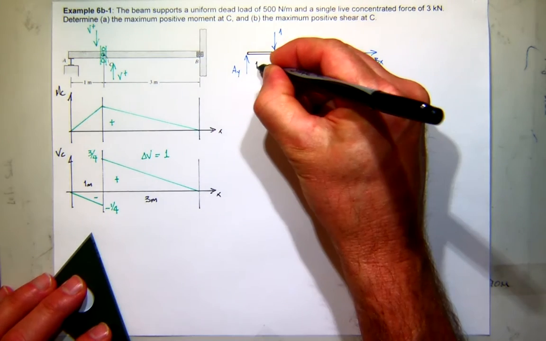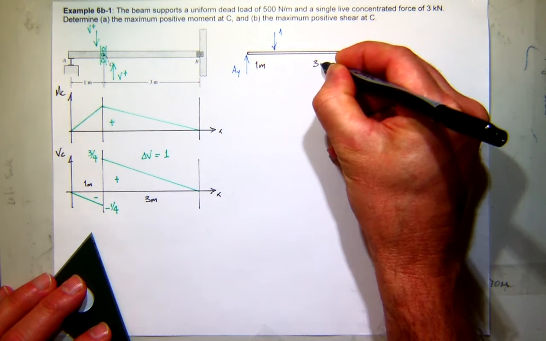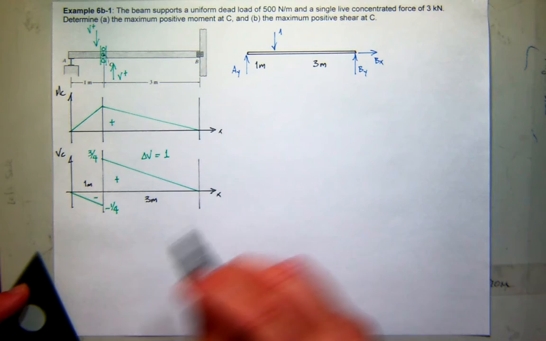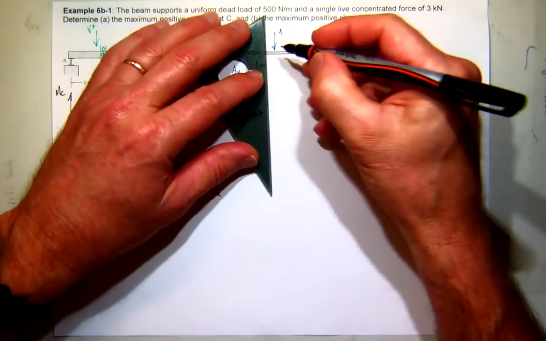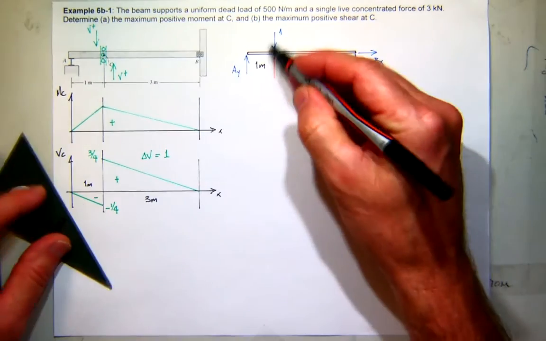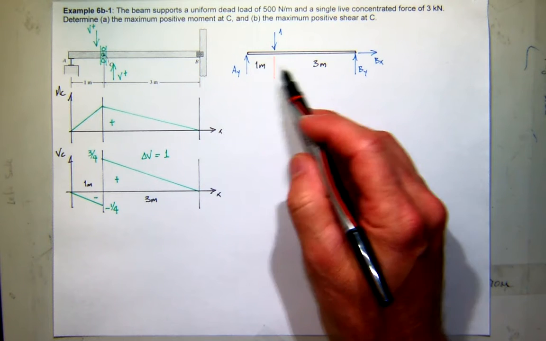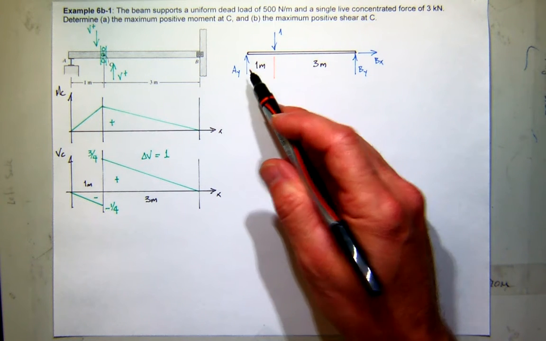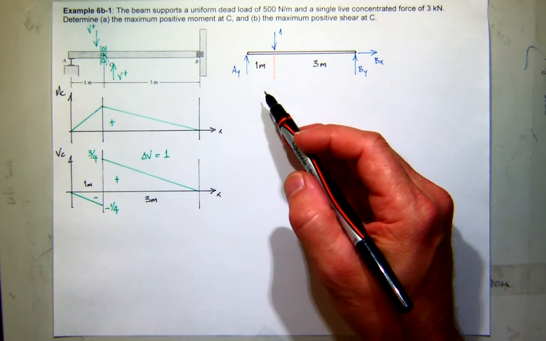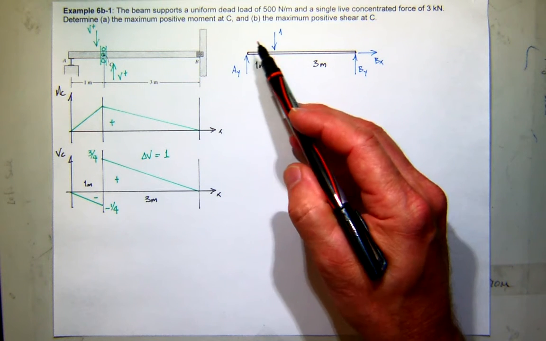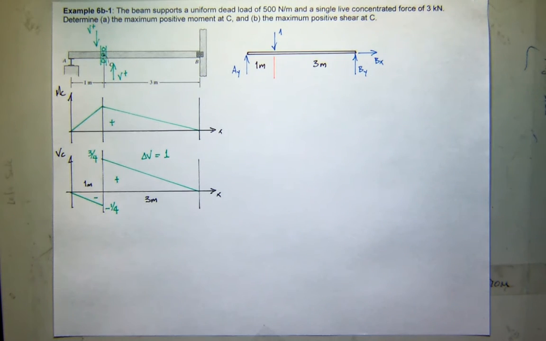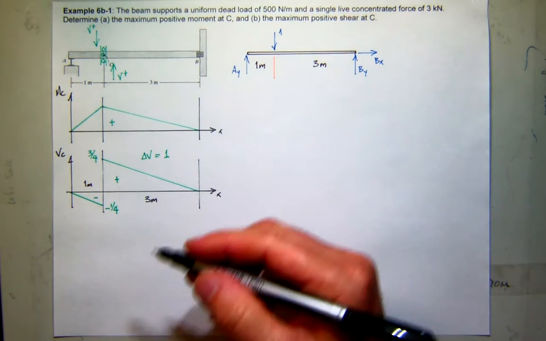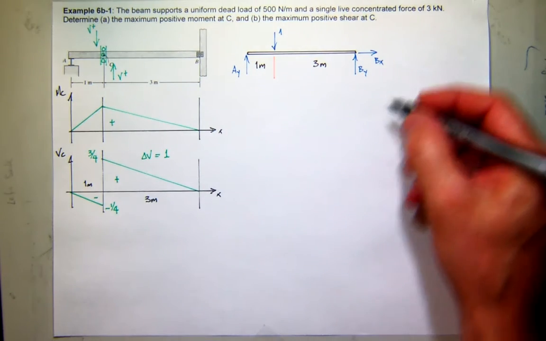So again, this would be 1 meter and 3 meters. And I'm trying to find the moment there. So when I cut my structure to find the moment at C, you want to work the left side or the right side? Well, there's not really a clear advantage, but I'll just pick the left side. So if I pick the left side, I need to find AY. So how do I find AY for this load system? Sum moments about B, right?